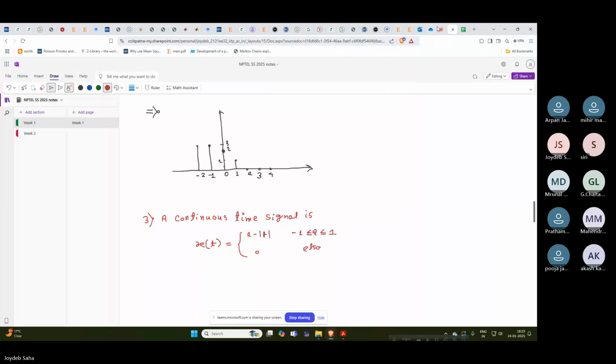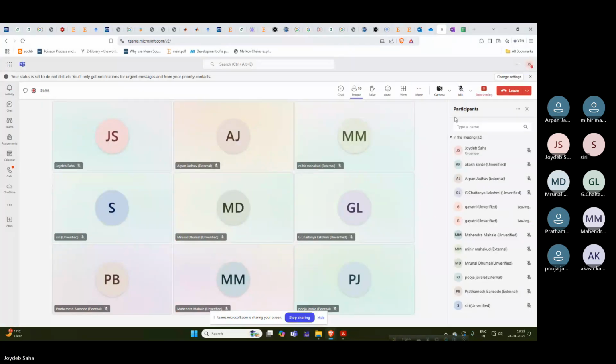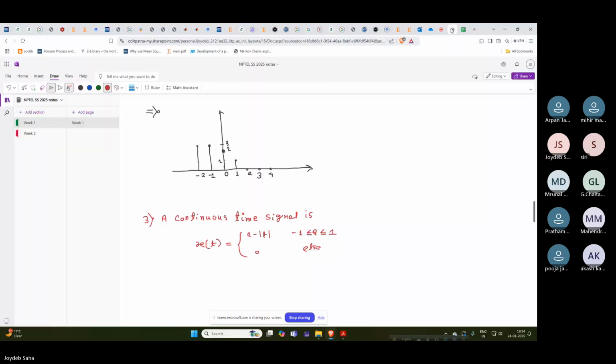Otherwise it will be 0, right? So what is our task? Our task is to determine the resulting discrete time sequence obtained by uniform sampling of xt.